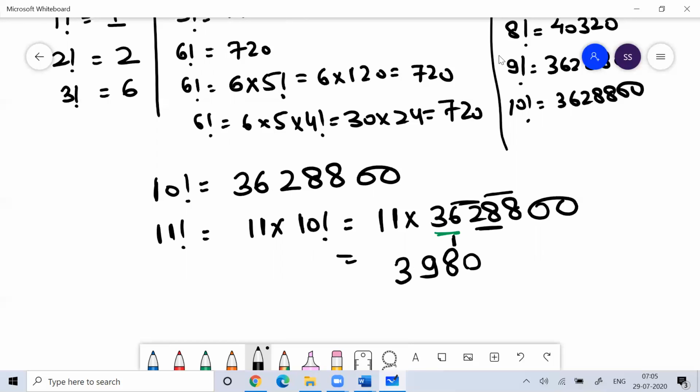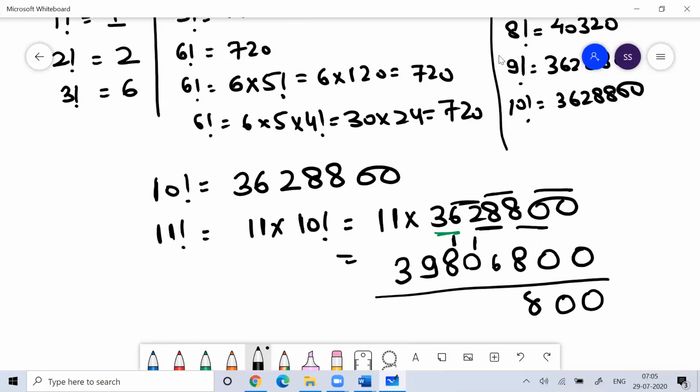Then 8 plus 8 is 16, write like this. Then 8 plus 0 is 8. Then 0 plus 0 is 0. And then the last digit is 0. So your answer for 11 factorial will be 39916800.